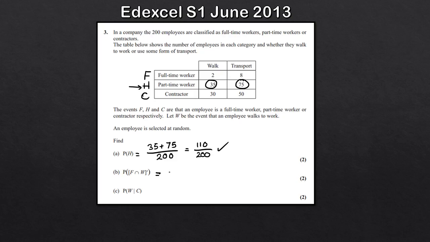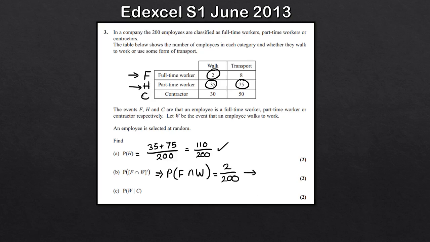What I'm looking for first is the probability of being F intersection W, a full-time worker who walks. That would simply be looking across this row and then matching it with walk, so that's just this 2 here. That gives me 2 over 200. But we want the complement of that, everything other than this event, 2 over 200.